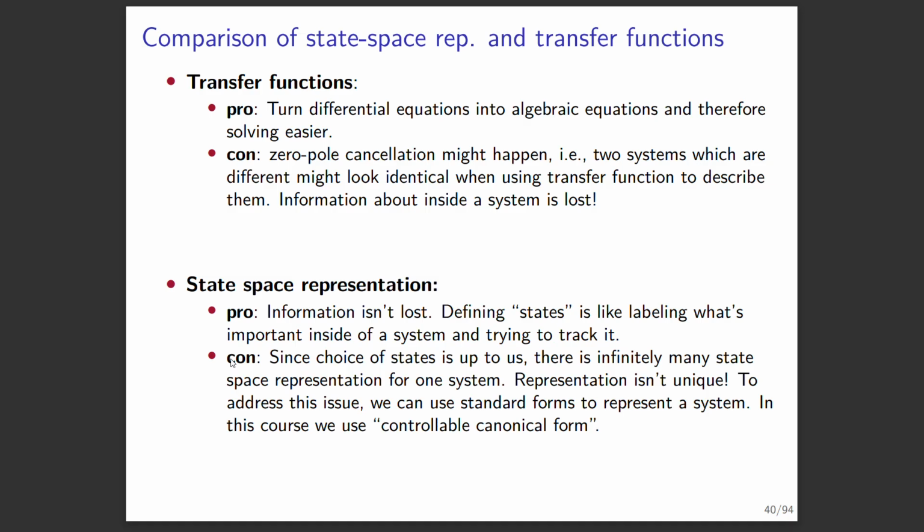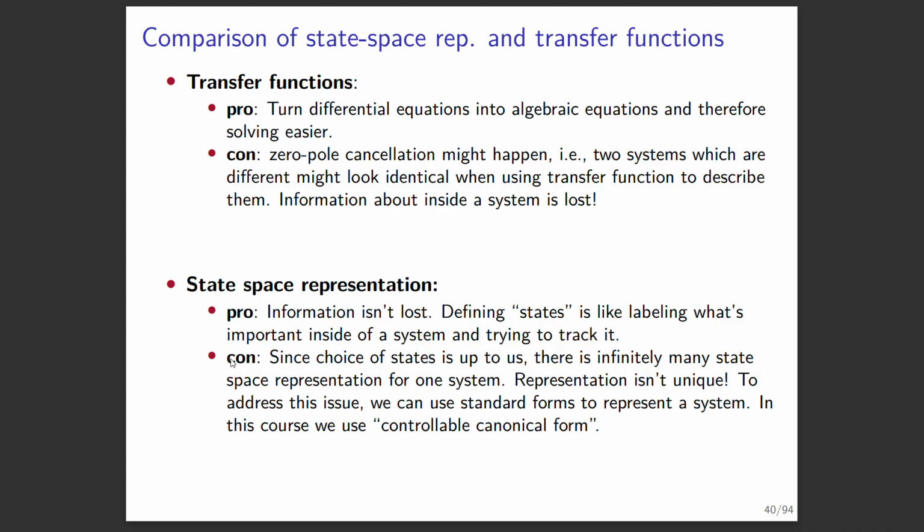What's the problem with state space representation? These labels are up to you, and therefore there are infinitely many state space representations for the same system. So every one of us can write down a state space representation which all look different, but they're all describing the same system.